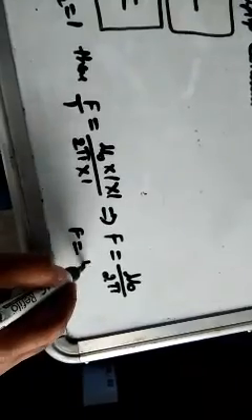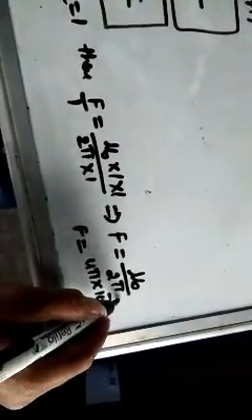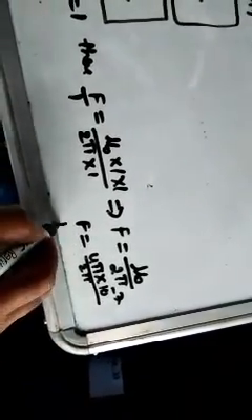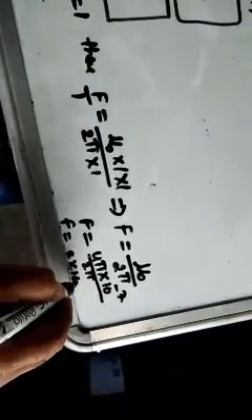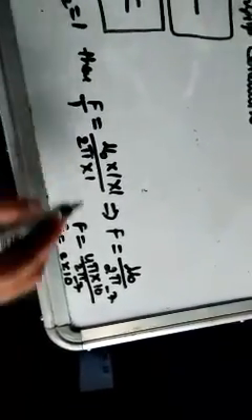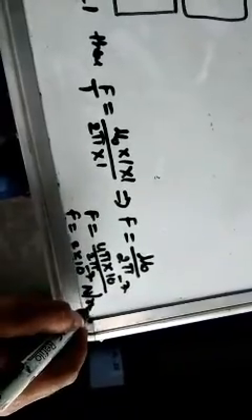Mu 0 is 4 pi into 10 power of minus 7, divided by 2 pi. So it cancels, and F is equal to 2 into 10 power of minus 7 Newton per meter.